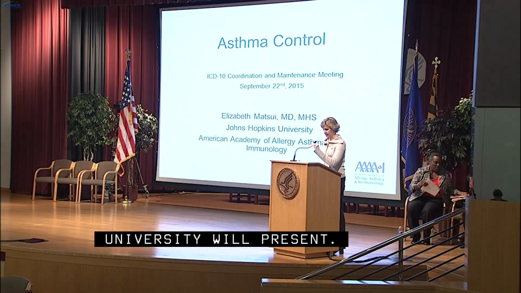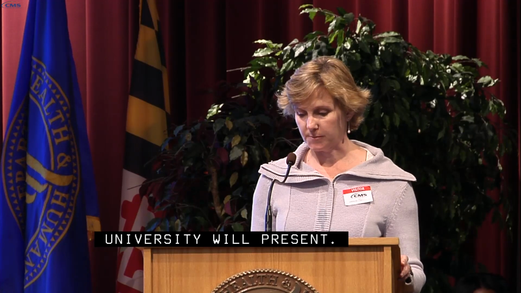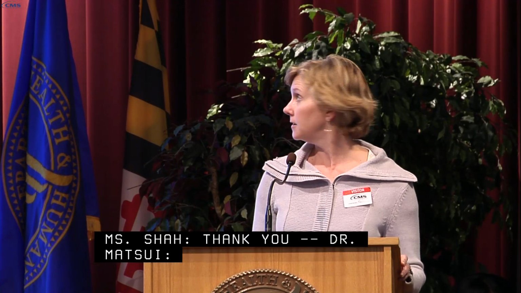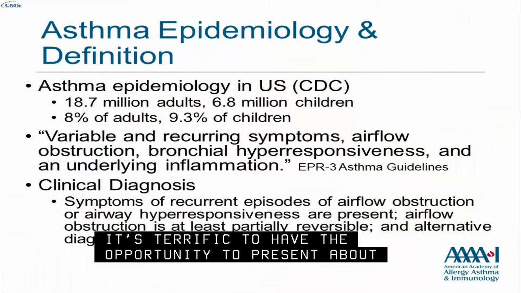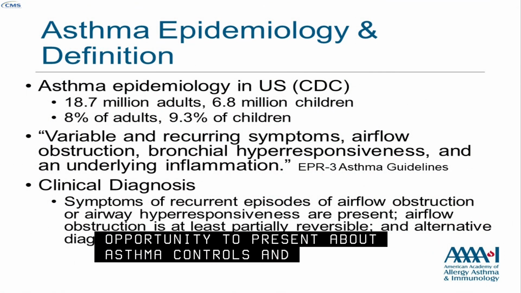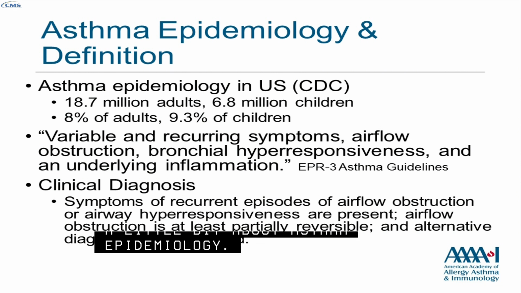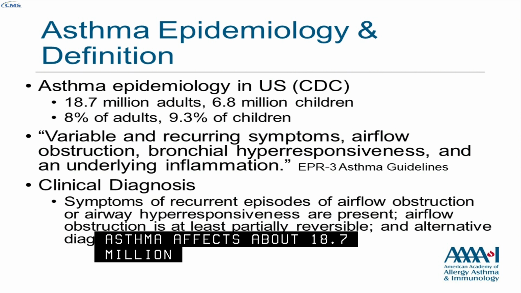Thank you. It's terrific to have the opportunity to present about asthma control and implications for ICD-10 codes. So a little bit about asthma epidemiology. Asthma affects about 18.7 million adults in the U.S. and 6.8 million children. So that's 8% of adults and 9.3% of children.